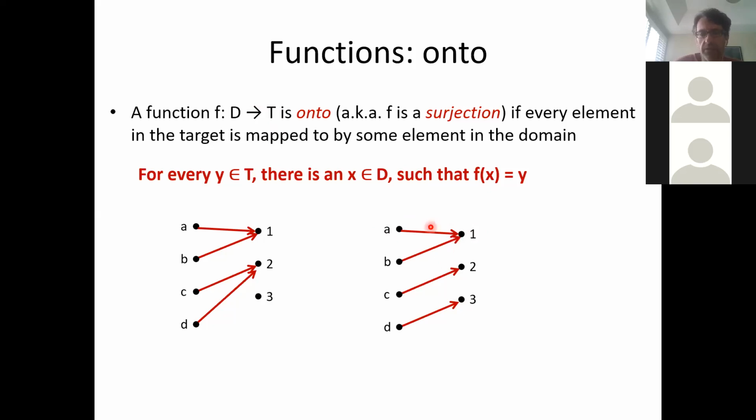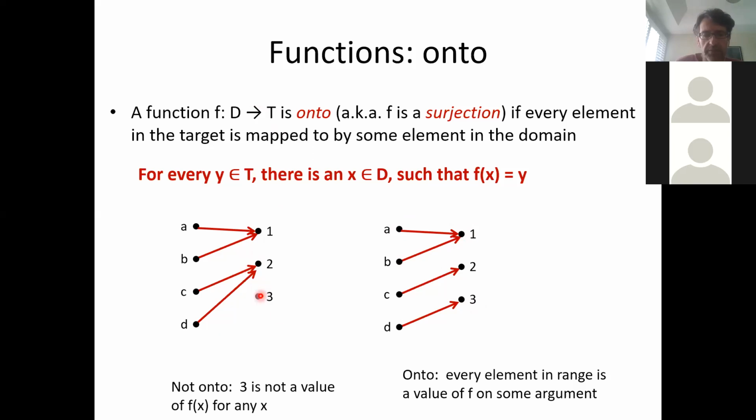For this one, it's true that there are both, but it doesn't matter. It exists, okay? And it exists for all of them. But here, it is not true, right? The 3 is not mapped by anyone. So a function is surjective if every element in the target is mapped by someone.